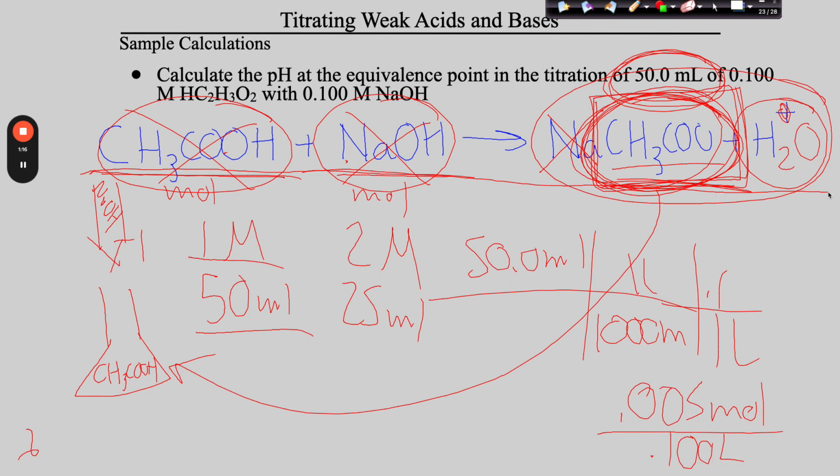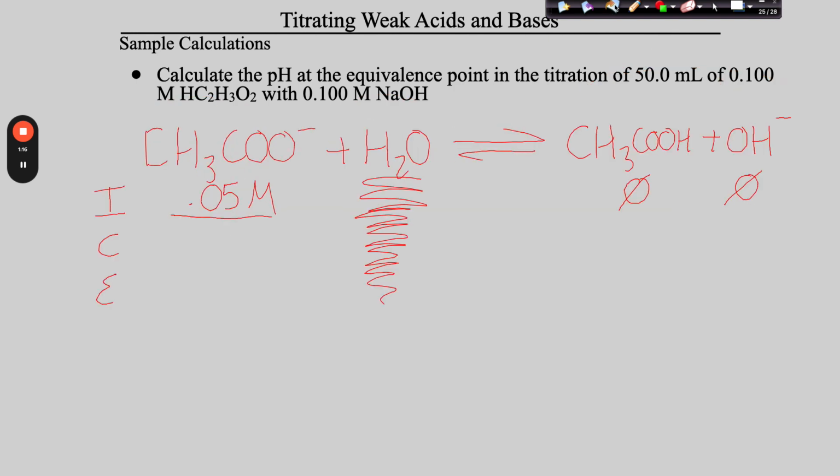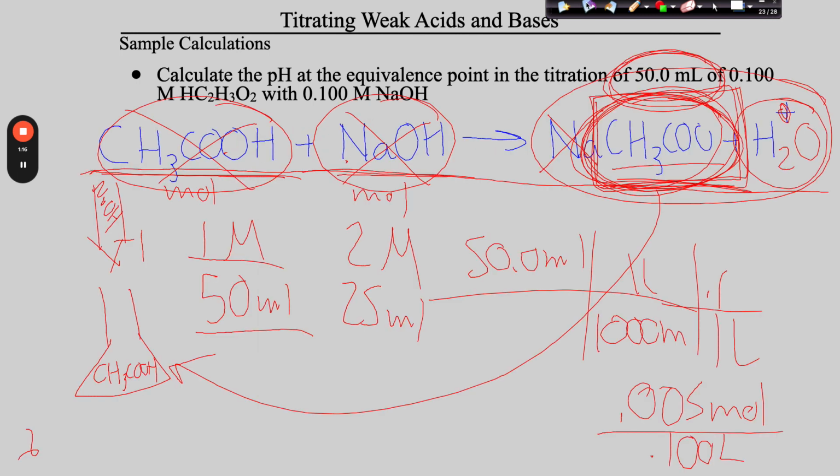Then at that point, you set up an ice box with that ion doing chemistry with water. Then you've got to go back and figure out the molarity of that ion. But guys, the molarity of this ion is the same as the number of moles of either one of your reactants, because it's an equivalence. Either one of these reactants converted to moles because you're adding the two solutions together.